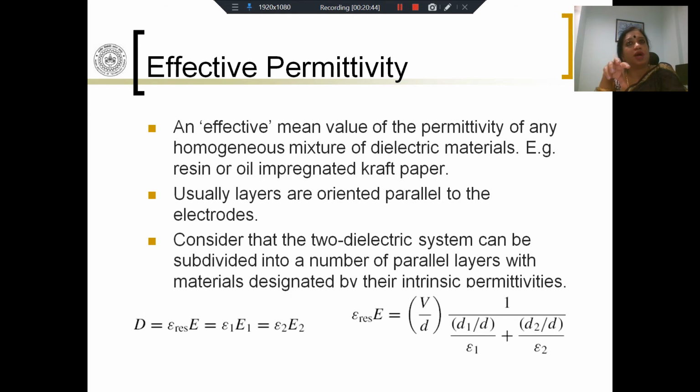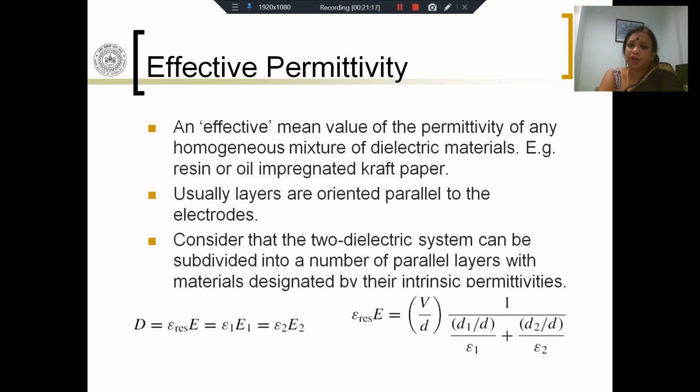We will separately conduct breakdown tests, but you can compute or predict what dielectric constant this composite will have. When I talk about the effective dielectric constant, I mean: if you imagine that this composite was actually homogeneous with only a single permittivity, what would be the permittivity of that homogeneous material so that it behaves identically to this composite material?